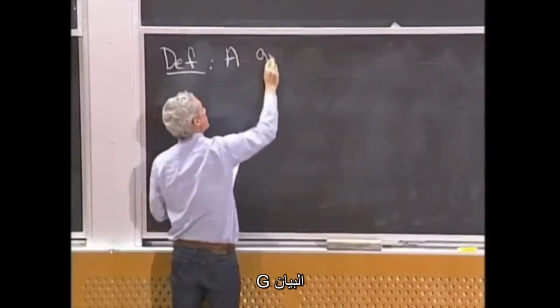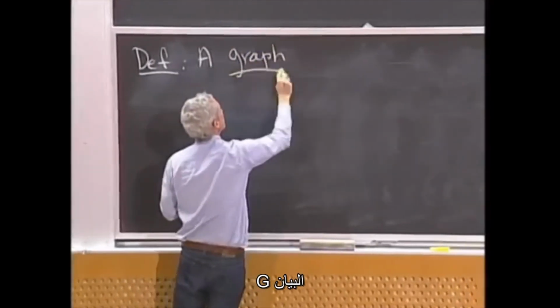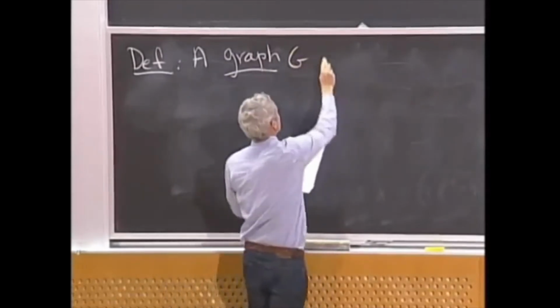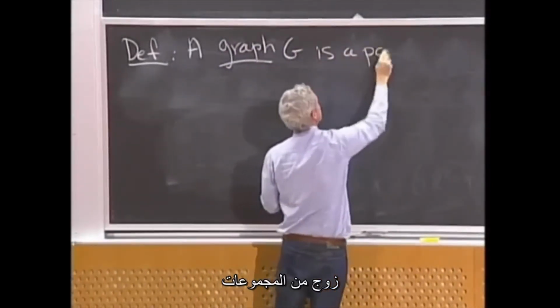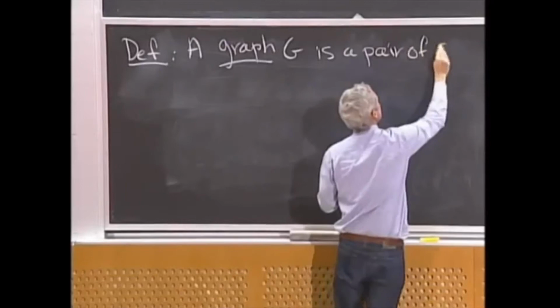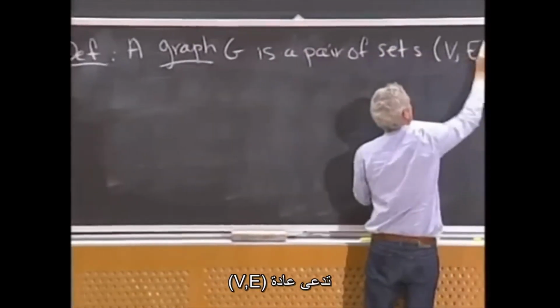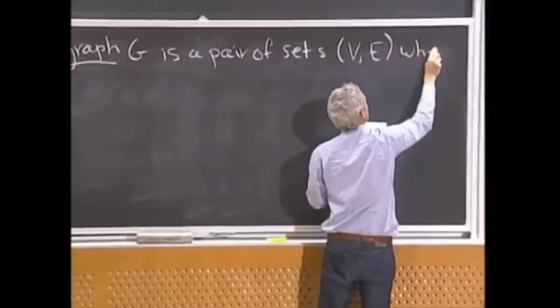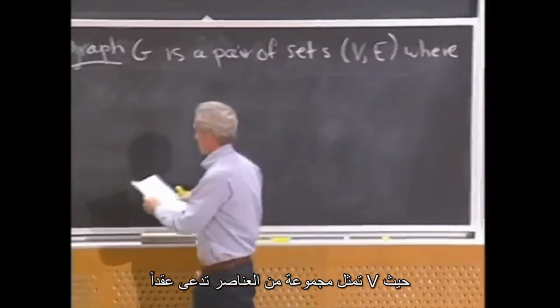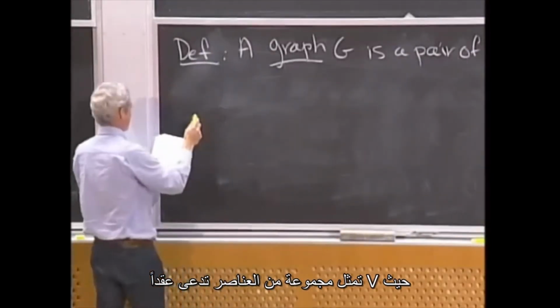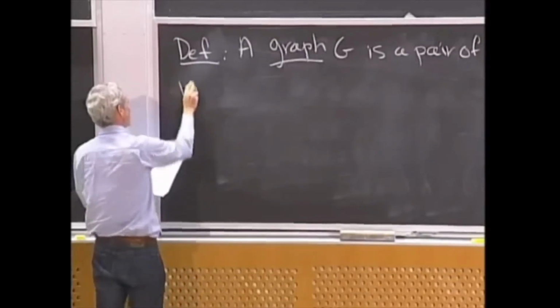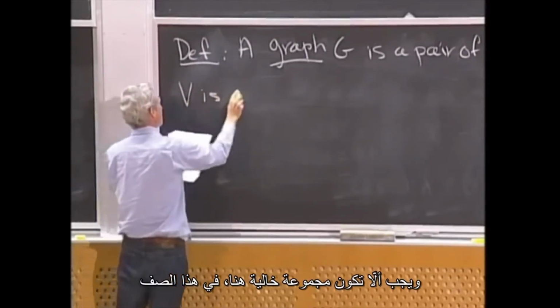A graph G is a pair of sets, often called V and E, where V is a set of elements called vertices or nodes, and it has to be non-empty here in this class.